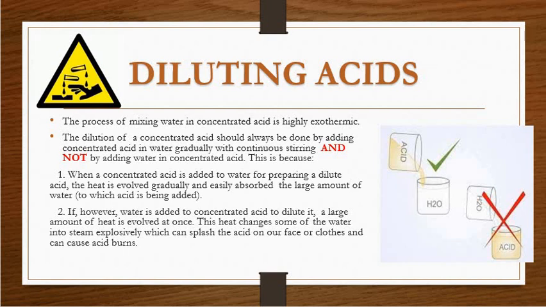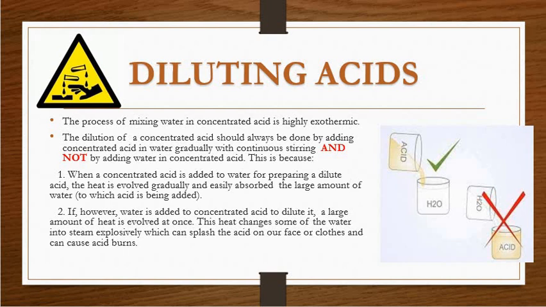If water is added to concentrated acid to dilute it, a large amount of heat will evolve at once, and this heat will change some amount of water into steam explosively, which can splash acid on the face or clothes of the user and cause acid burns.